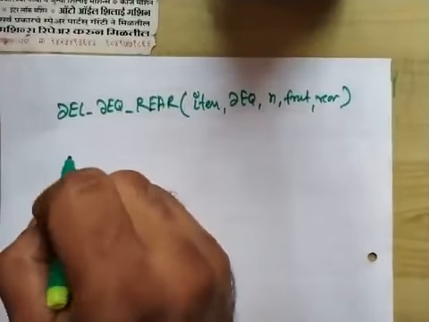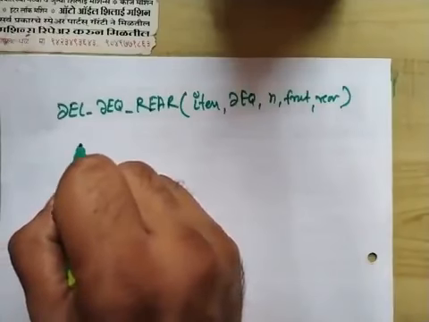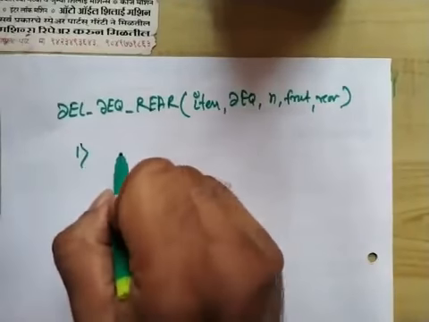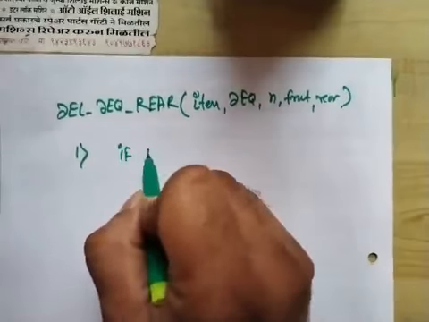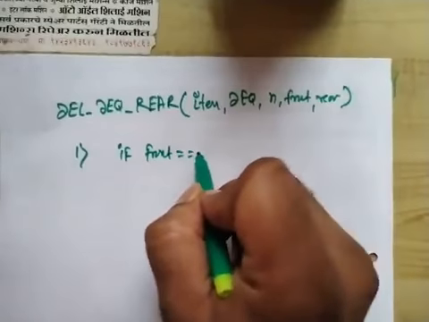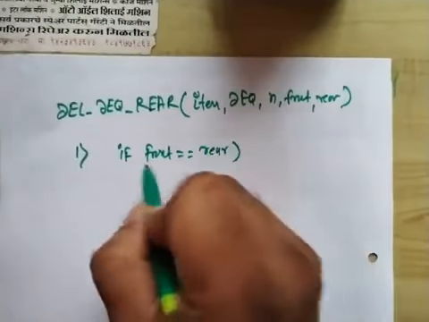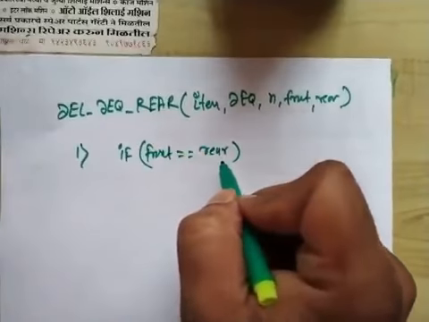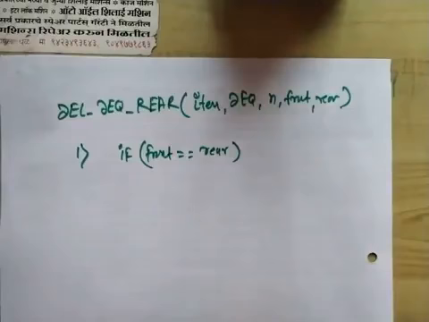Now whenever we are going to delete through the rear end, we need to check if front is equal to rear. Obviously, our default condition for empty is that if front and rear are both pointing to the same position, it means the queue is empty.